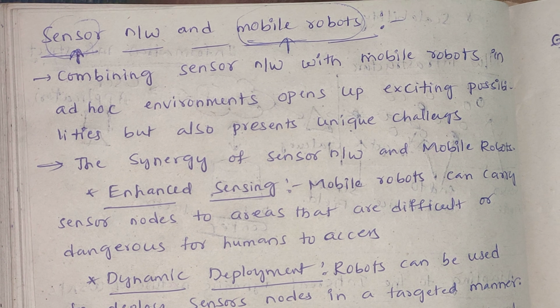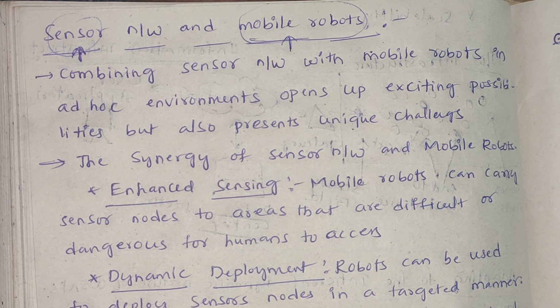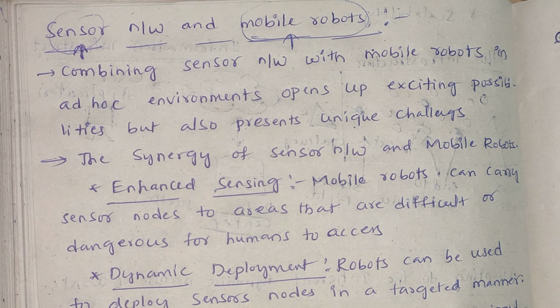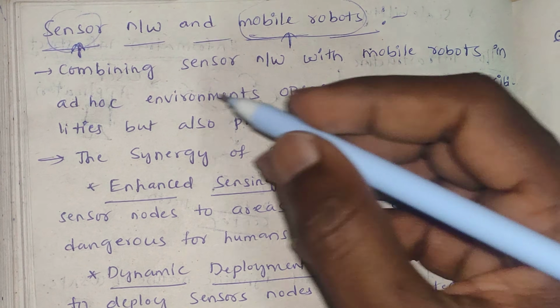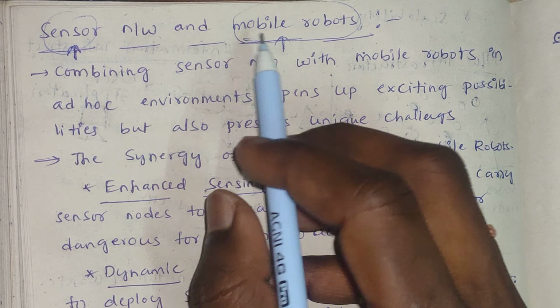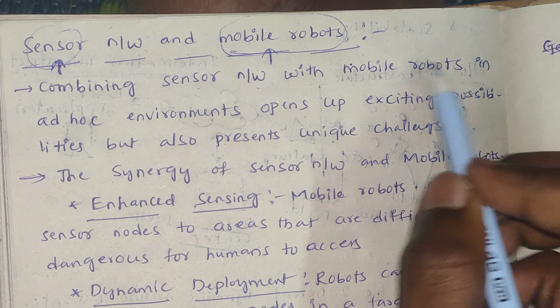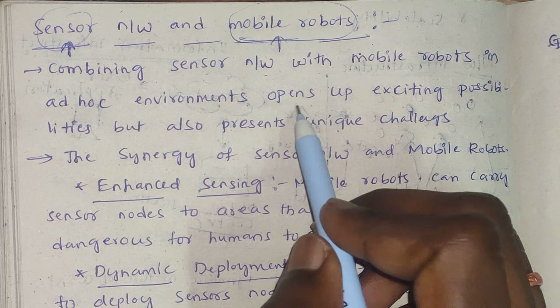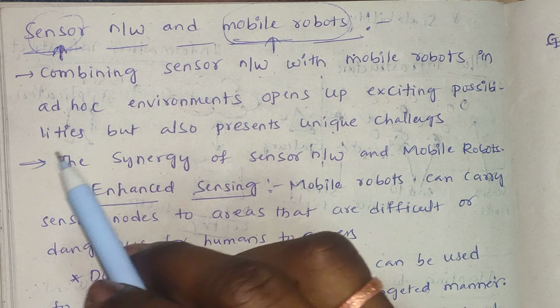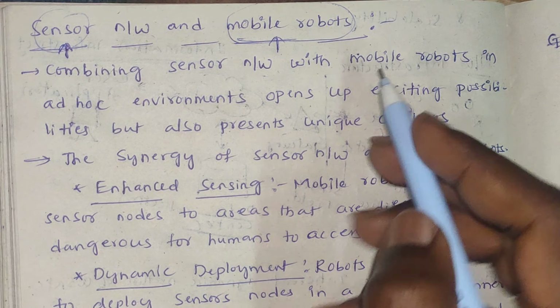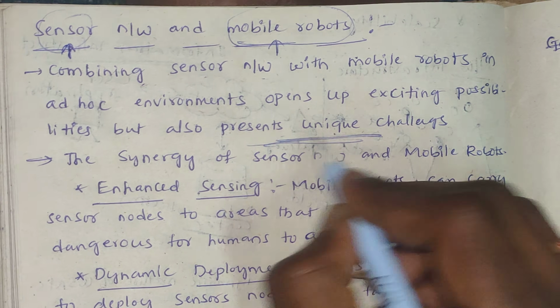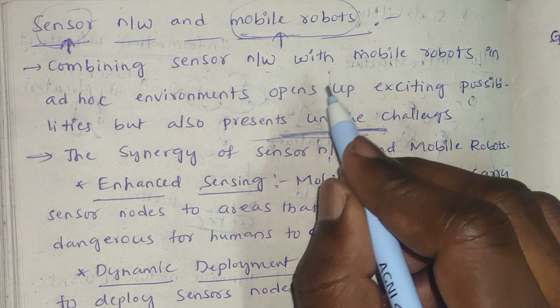Combining a sensor network with mobile robots in an ad hoc environment opens up exciting possibilities but also presents unique challenges, which are present in the sensors as well as the mobile robots.